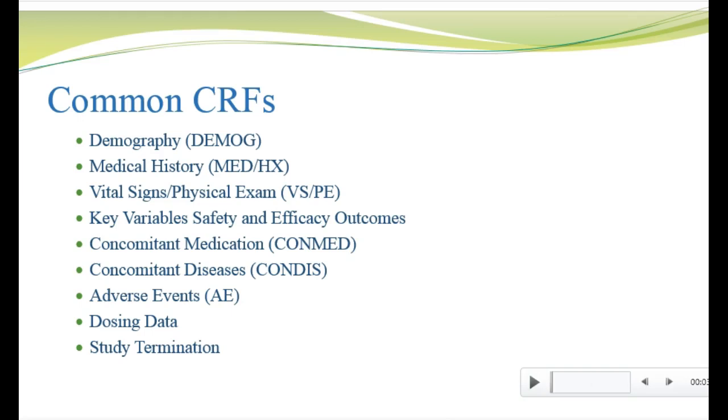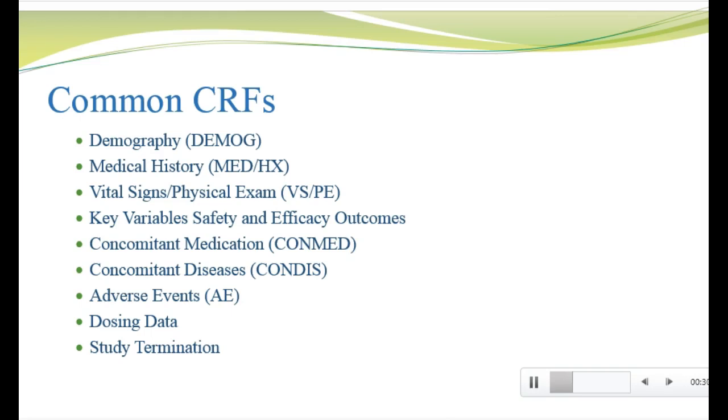The most common CRF forms. Almost every clinical trial is going to be collecting demography, medical history, vital signs, key variables needed to evaluate the efficacy and safety outcomes, concomitant medications, concomitant diseases, adverse events, medication or dosing data, and study termination data.